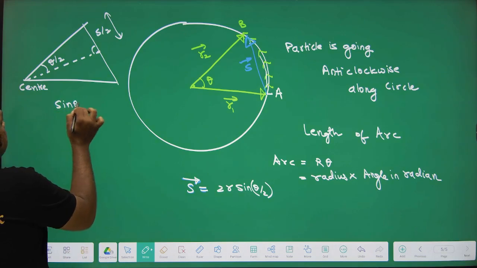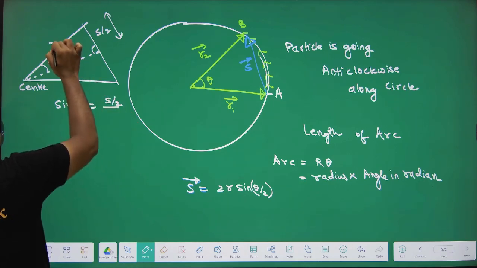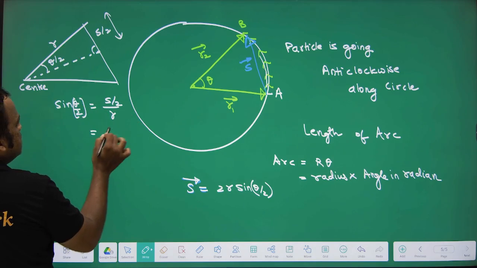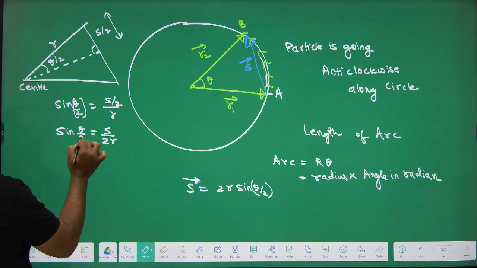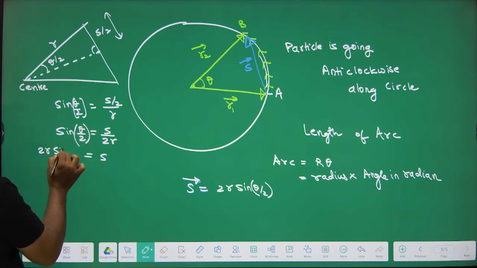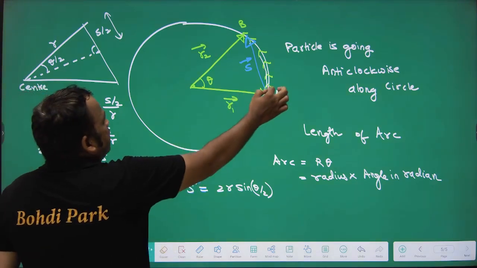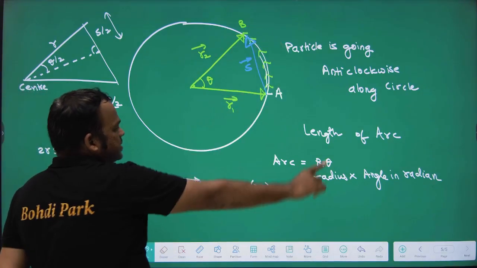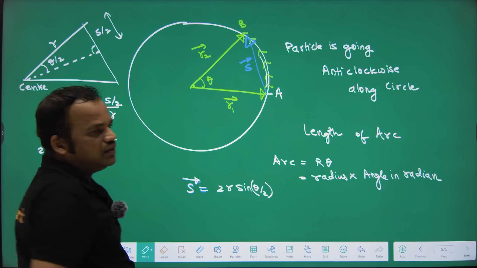If we apply sine theta by 2, we get opposite by hypotenuse, which is radius. So s by 2 is equal to r sine theta by 2, so s is equal to 2r sine theta by 2. So when the path followed is circular, distance is r theta and displacement is 2r sine theta by 2.